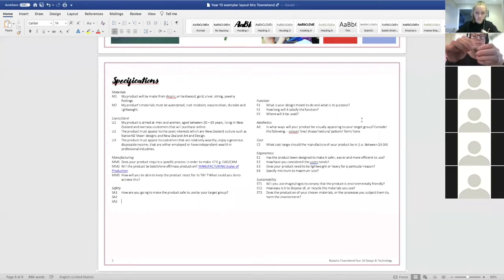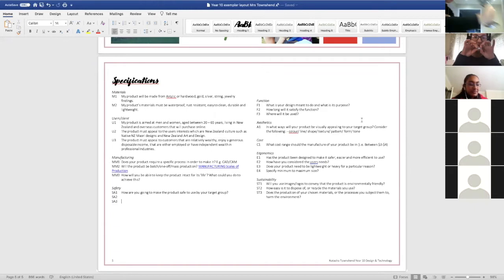A brooch's function is to go onto a garment and to stay there. So my product must be able to fasten appropriately so that it stays on the user's body in the appropriate way.